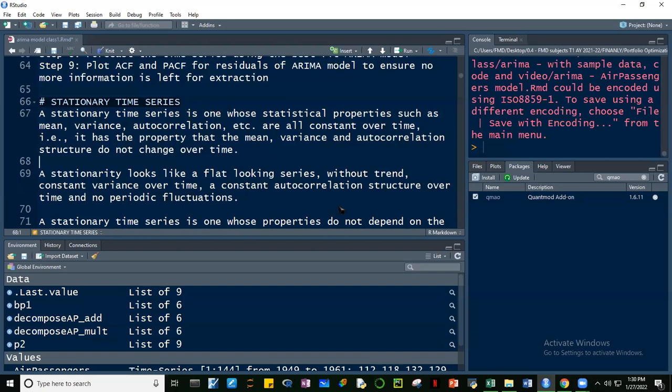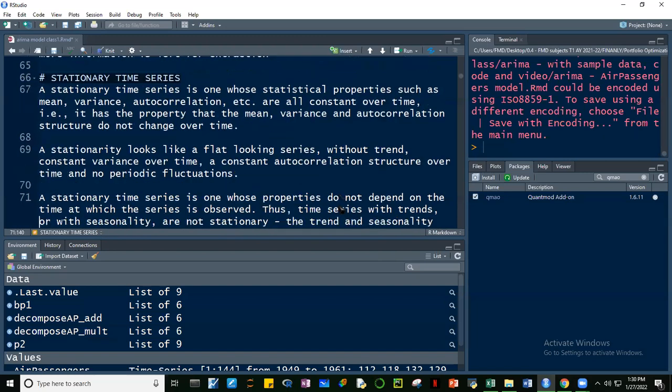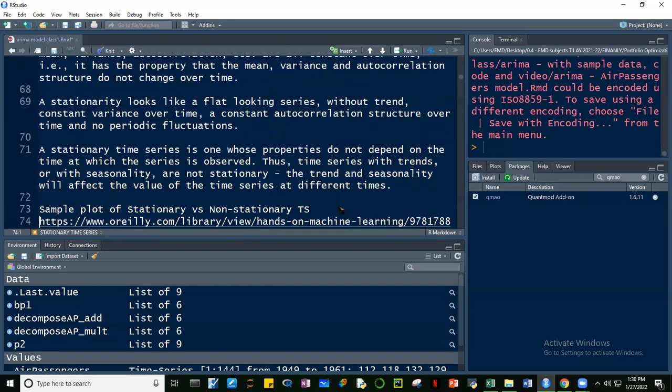No periodic fluctuations. Okay. So may iba pang definition dito. Sabi dito, yung properties ng time series does not depend on the time at which the series is observed.